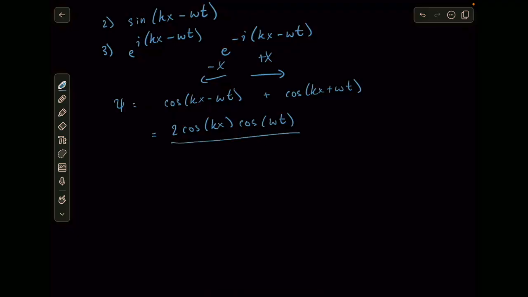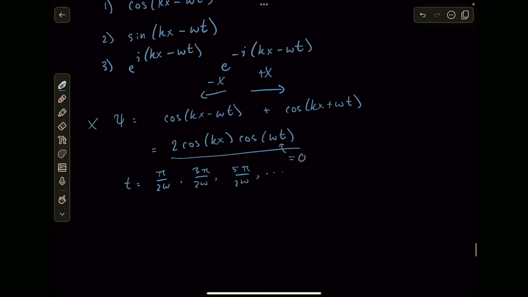The reason is that there are moments in time, specifically when t is equal to pi over 2 omega, or 3 pi over 2 omega, or 5 pi over 2 omega, and so on, when this term just evaluates to 0, and we have a particle that at certain moments of time has completely ceased to exist in all of space. And that is a problem. So immediately we can say, no, this is no good. Our solution for this free particle is not going to be cosine.